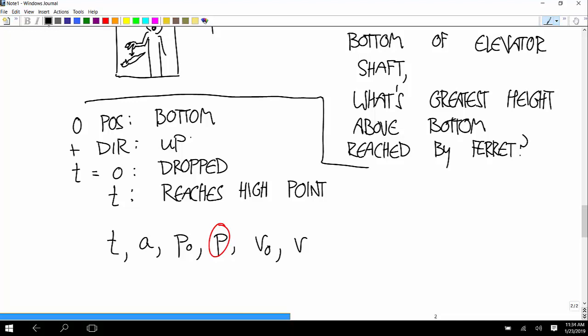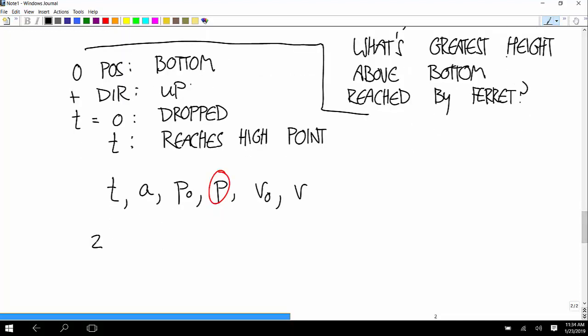and of those three equations, which one has the position at the chosen time and everything else in the equation is known? And I think since we're not given a time again, the one to use is the same one, the only one we've used so far this class. The one that says 2a times the quantity p minus p0 is equal to v squared minus v0 squared.